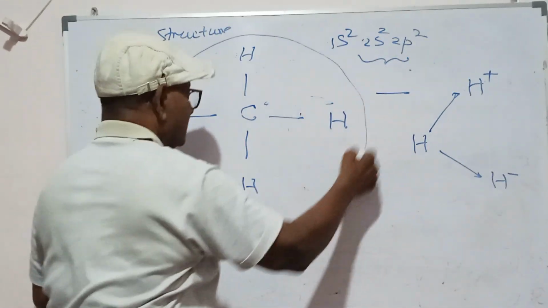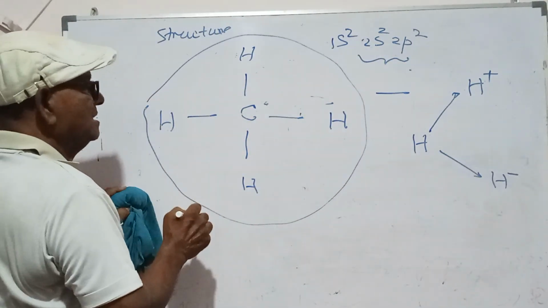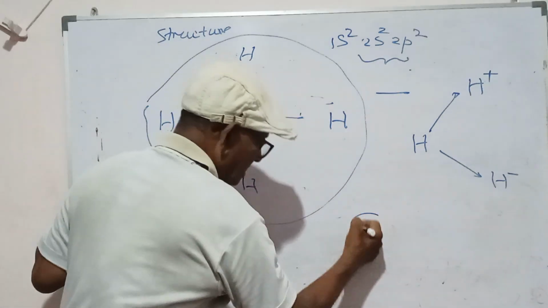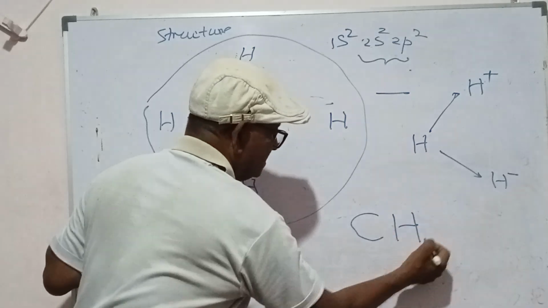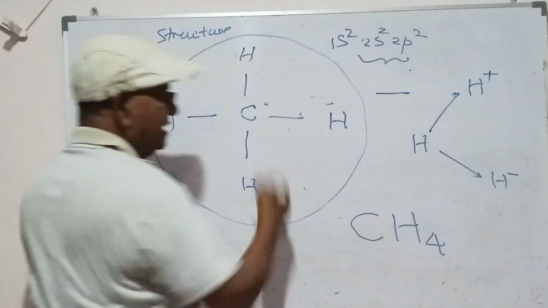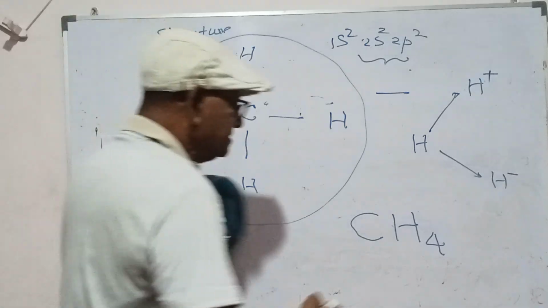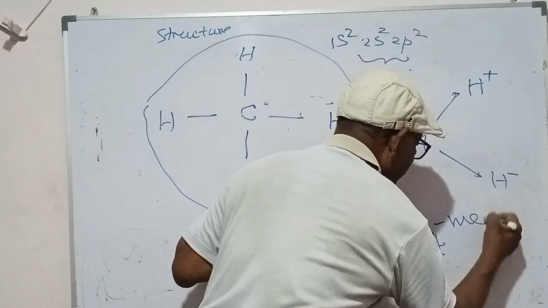So this is the compound. It consists of a carbon atom and 4 hydrogen atoms, so CH4. This is methane.